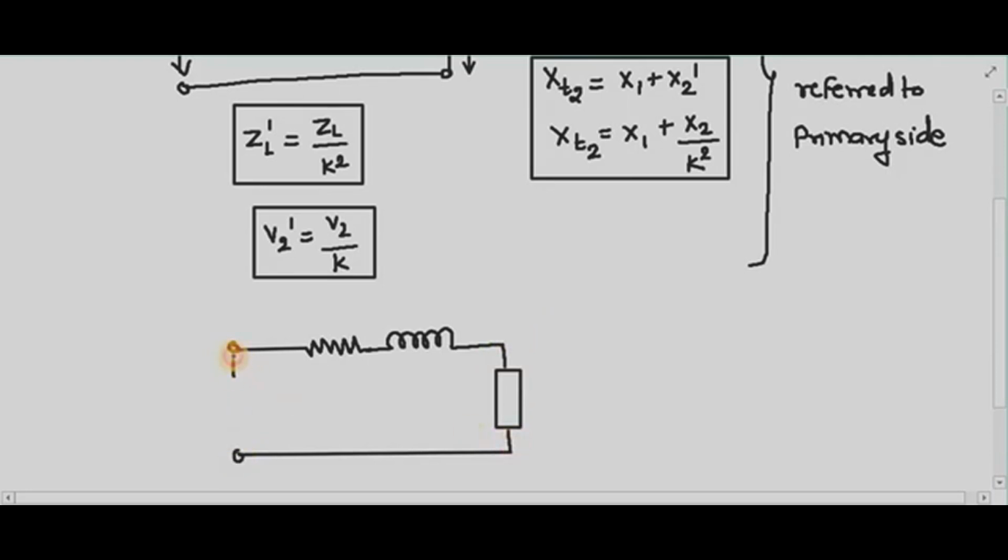So when V1 gets transferred to the secondary side, my V1 will become V1 dash, which is nothing but K into V1.